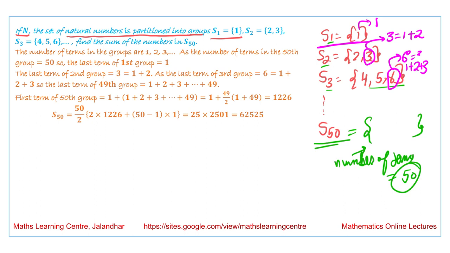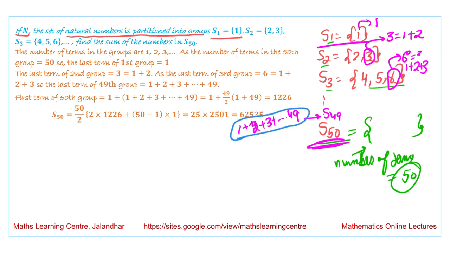Now if we are talking about the last term of the 49th group, S49, the last term will be 1 plus 2 plus 3 plus so on up to 49. And the first term of S50 comes right after this last term.